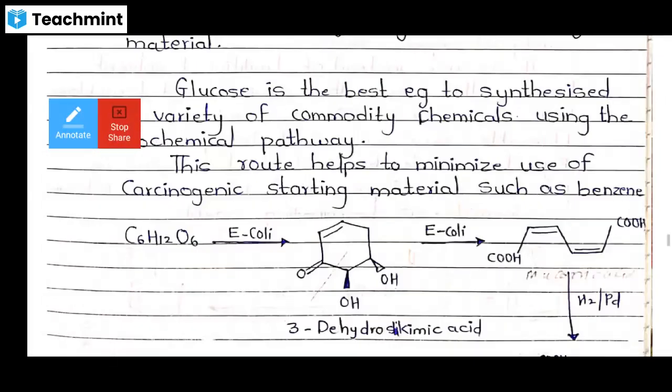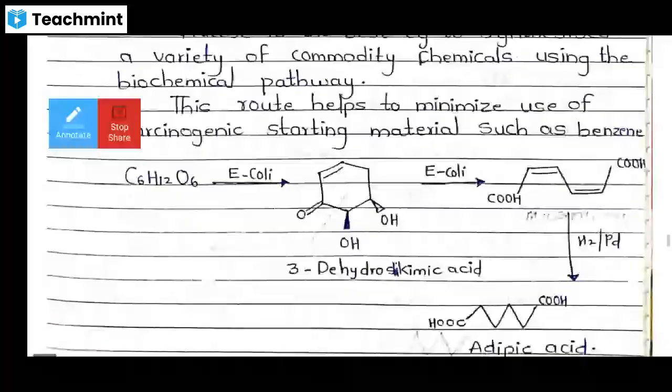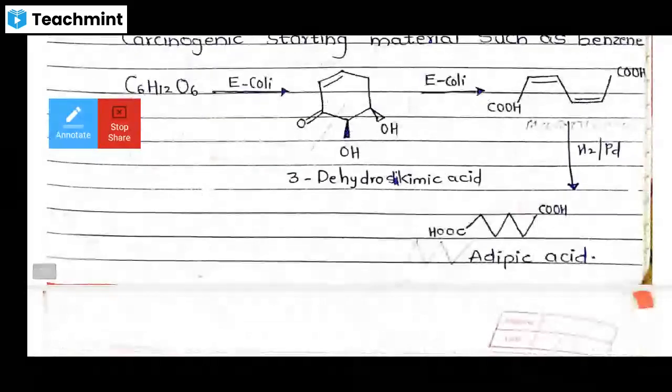So this route helps to minimize the use of carcinogenic starting materials such as benzene. Benzene is too carcinogenic in nature. I have told you in an earlier lecture that benzene is carcinogenic in nature and used as a solvent. So as far as possible we have to avoid this.